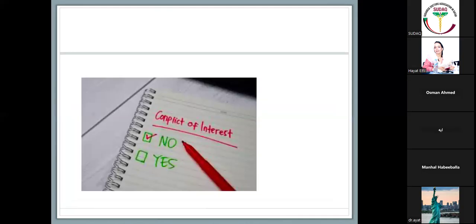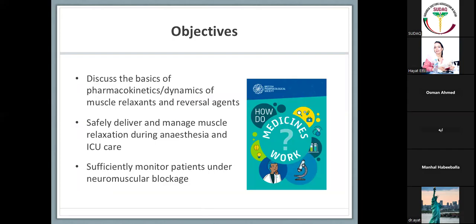I should say that I have no conflict of interest with this presentation, and it's solely for educational purpose. By the end of this tutorial, you will be able to discuss the basics of pharmacokinetics and pharmacodynamics of muscle relaxants or neuromuscular blockers and reversal agents. You will be able to safely deliver and manage these drugs and muscle relaxation as one important step in your anesthesia care or intensive care.